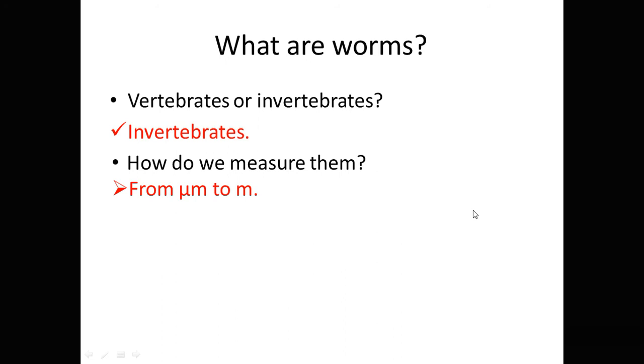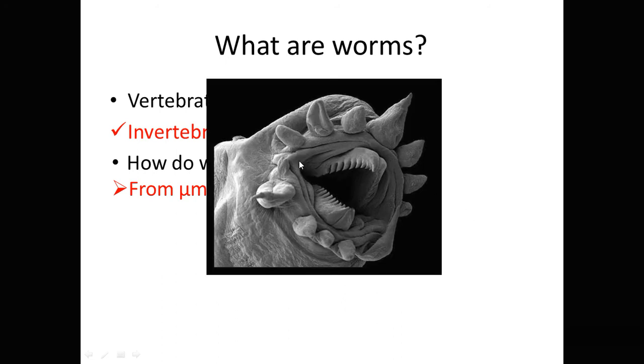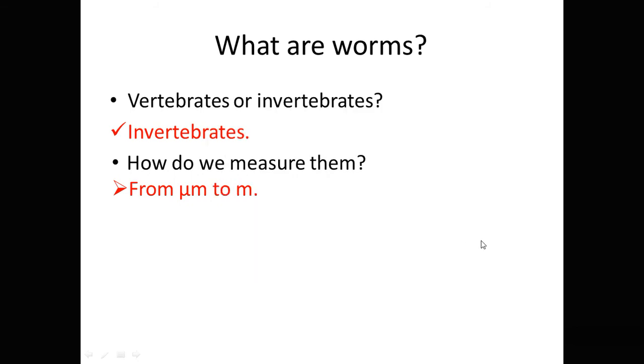From micrometers to meters. This is one of the smallest worms, found in hydrothermal vents. These are areas like small volcanoes in the deep waters of oceans, and they have high biodiversity, and this smallest worm is found there.